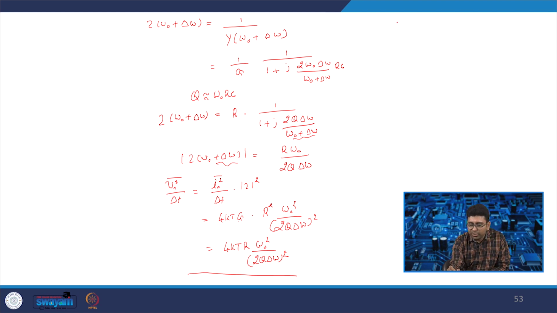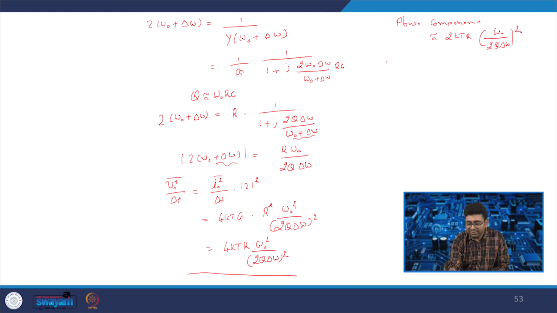So, the phase component is equal to 2 kT R omega naught by 2Q delta omega whole square.